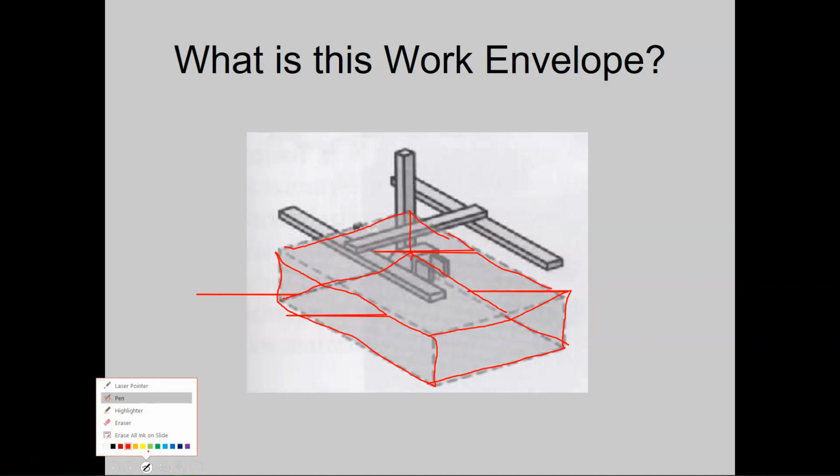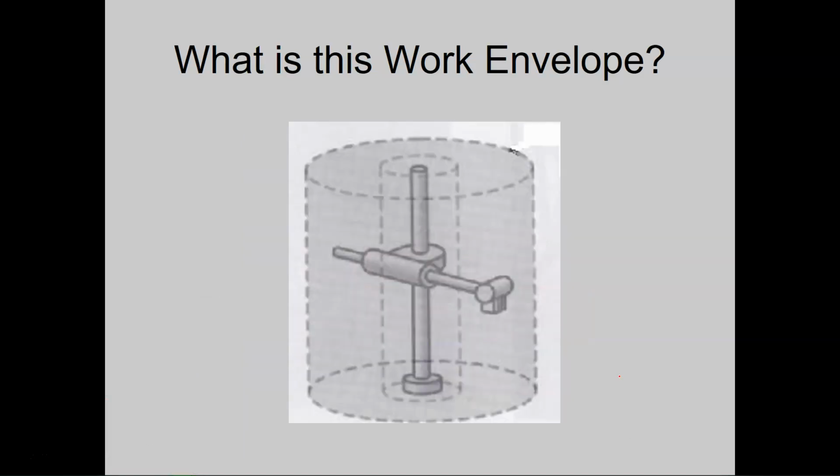It's what he does. This one's cylindrical. You can actually see the cylinder here because he's able to move this guy right here in and out. He's able to move this whole body up and down. And then the base rotates.